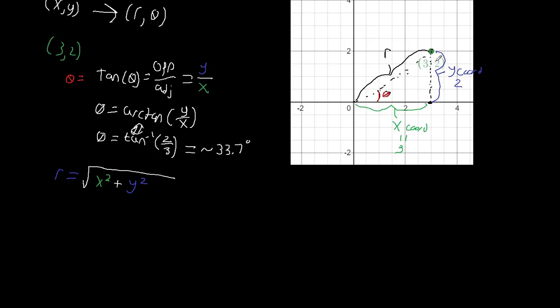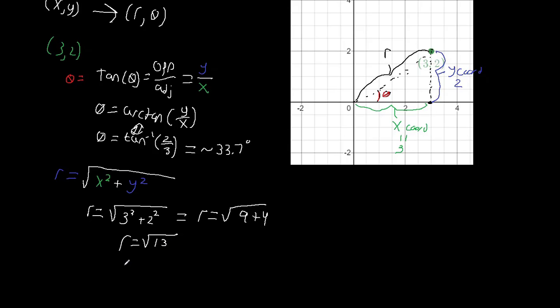That's just a fact in this case. All right, so then let's look at our specific example here. We know that r is going to be equal to the square root of 3 squared, which is our x, plus 2 squared, which is our y, which is the same thing as r equals the square root of 9 plus 4, because 3 squared is 9 and 2 squared is 4. So r is going to be equal to the square root of 13.